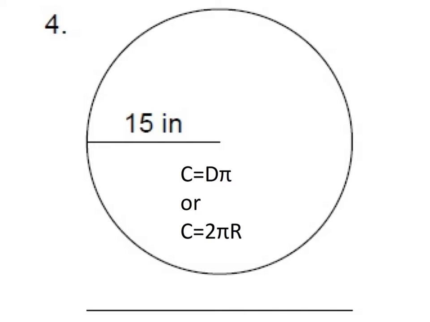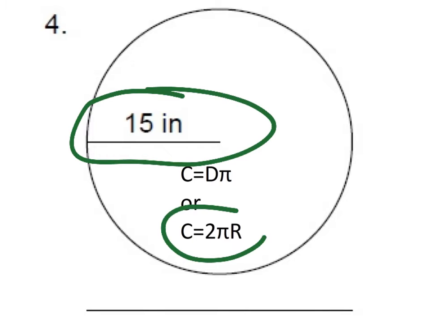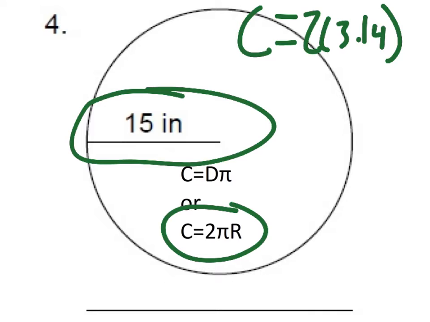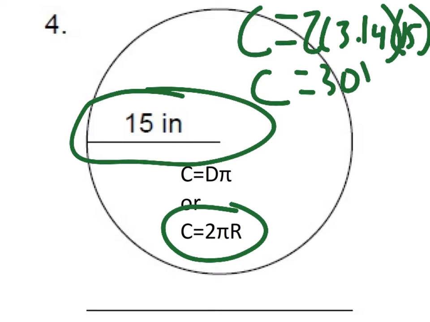Okay, so for this problem, what you should have done was you should have used, because it's the radius, circumference equals 2 pi r. So circumference equals 2 times 3.14 times r, which is 15. Simplify this into 2 times 15 is 30 times 3.14.